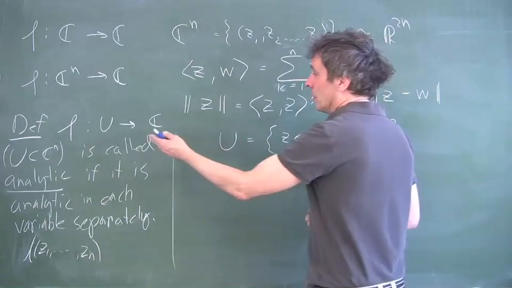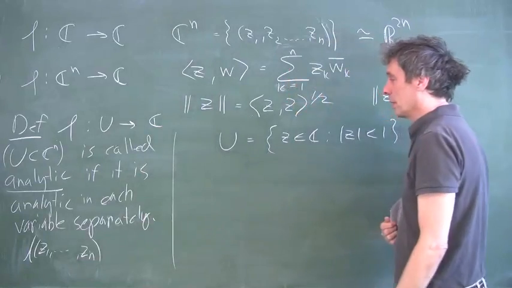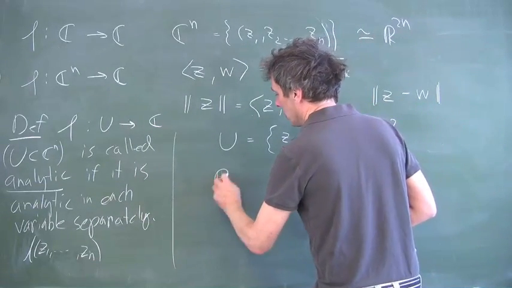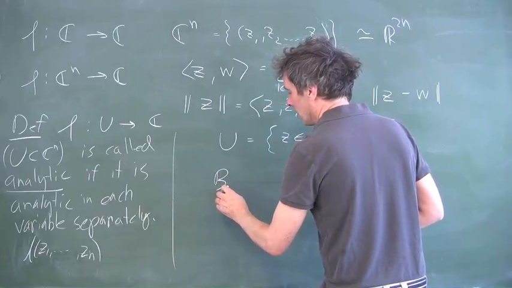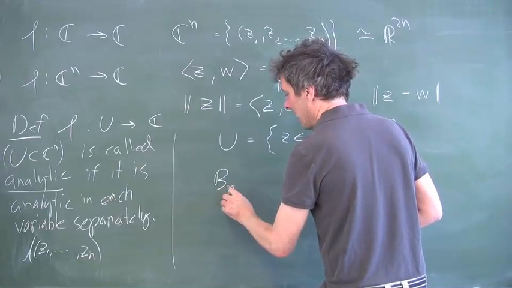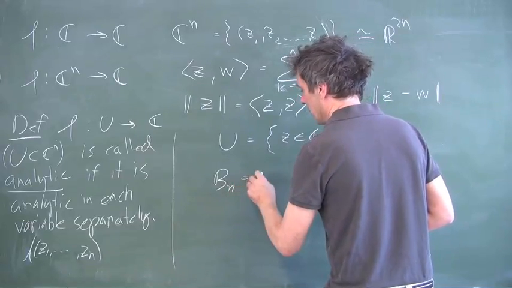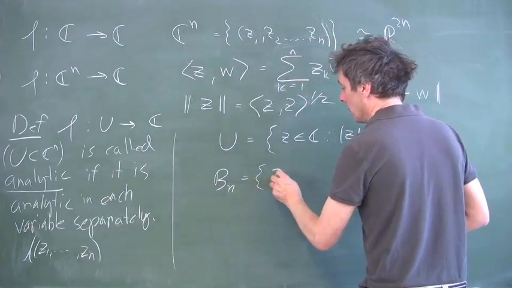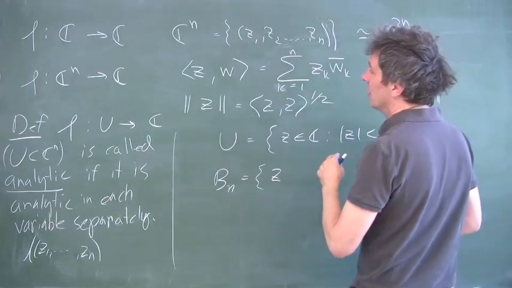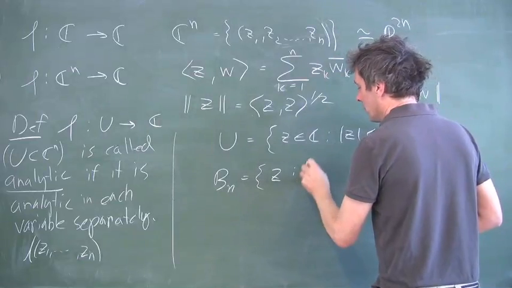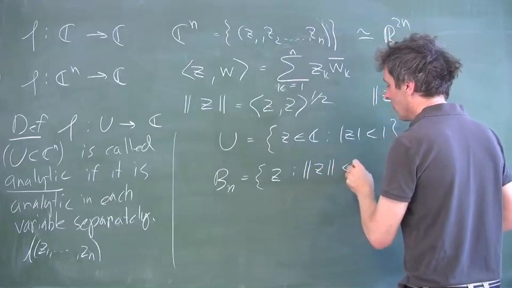If you now study several variables, you can, if you like, in the corresponding way, consider the ball, say Bn, which is the set of all complex vectors like this, with the property that the norm is less than 1.